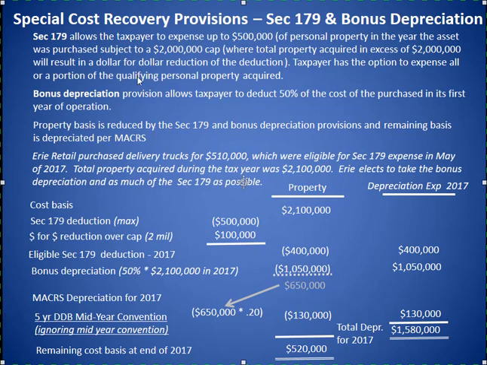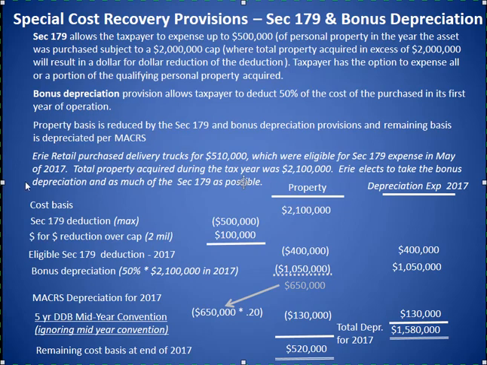The property basis is reduced by both the Section 179 and bonus depreciation provisions, and the remaining basis is then depreciated under MACRS. Now I'm going to show you an overall example of how these three concepts, Section 179, bonus depreciation and MACRS, can be taken.